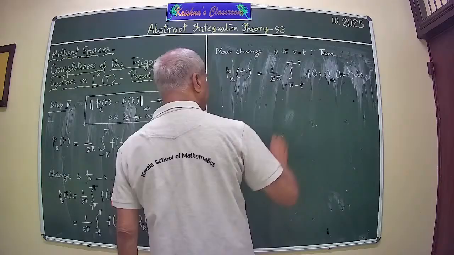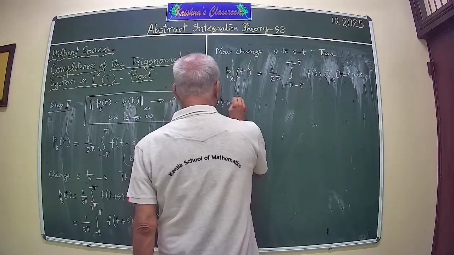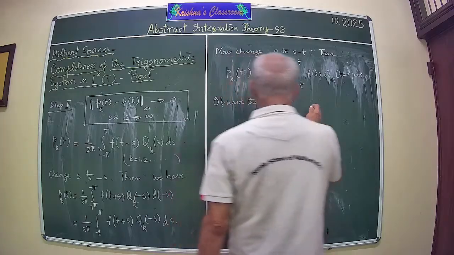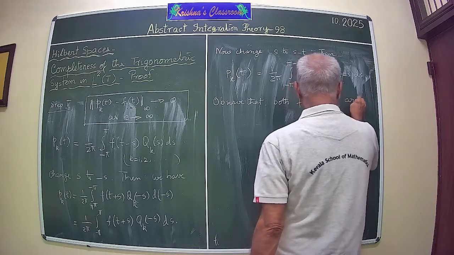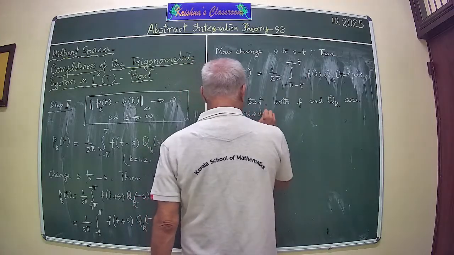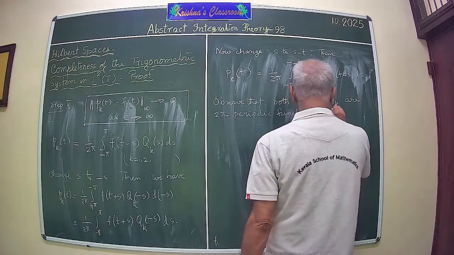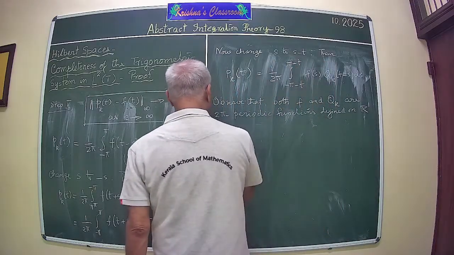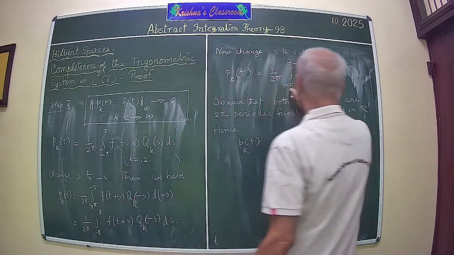Now what we do next is the following. Observe that both f and Qk are 2 pi periodic functions on R. Hence Pk(t) is, you have this periodicity.